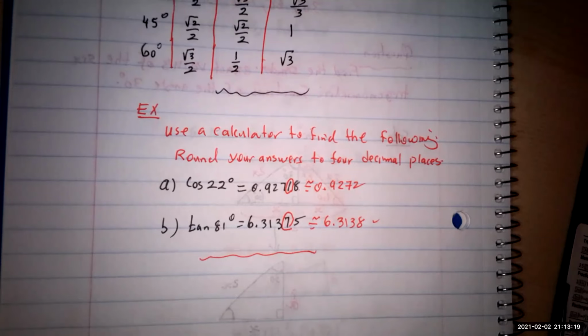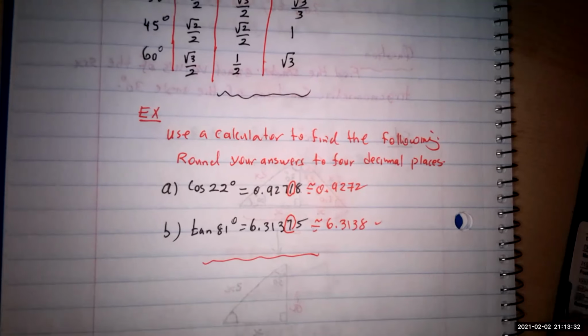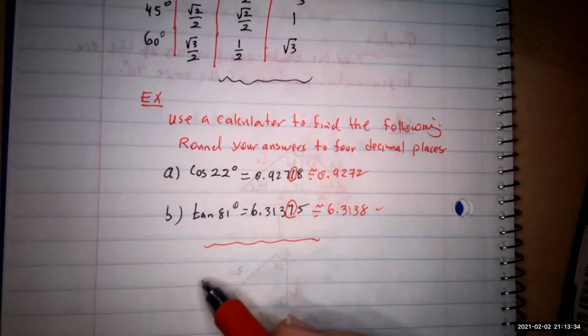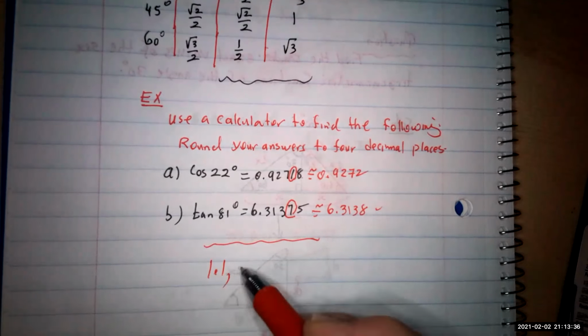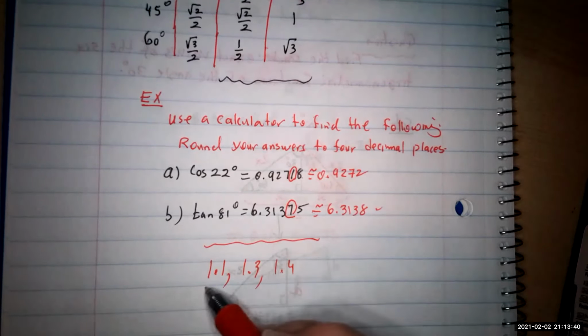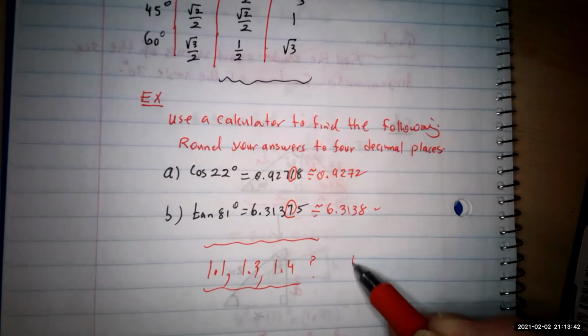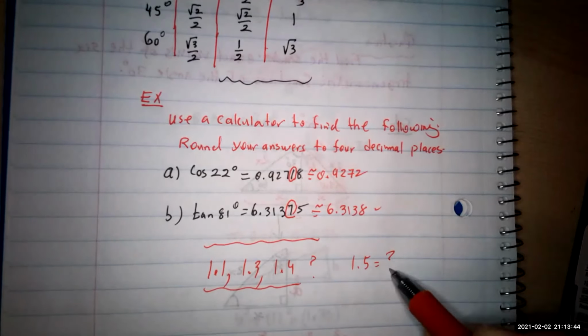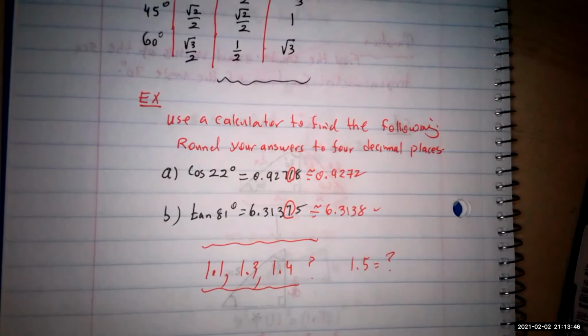So you go to 1.1, 1.3, 1.4. The only one that we need to talk about, which is not a new formula, is 1.5. So far you are able to do 1.1, 1.3, and 1.4. Wait for 1.5, then we finish this chapter. So that was the right triangle version.